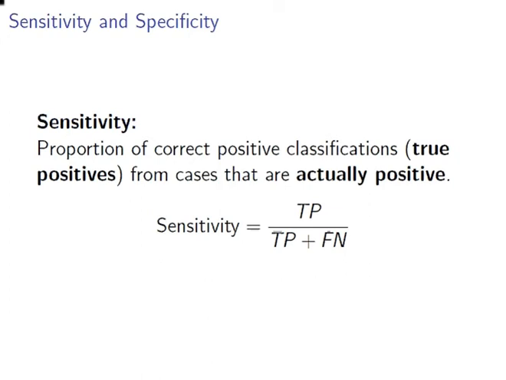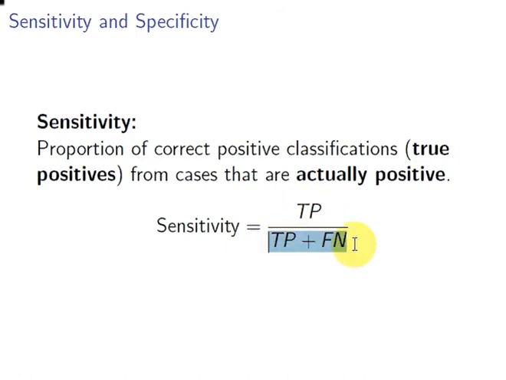So let's first look at sensitivity, the proportion of correct positive classifications, true positives, from the cases that are actually positive. So of the people who are ill, how many are diagnosed as ill. It's the true positives divided by the total number of true positives and false negatives.